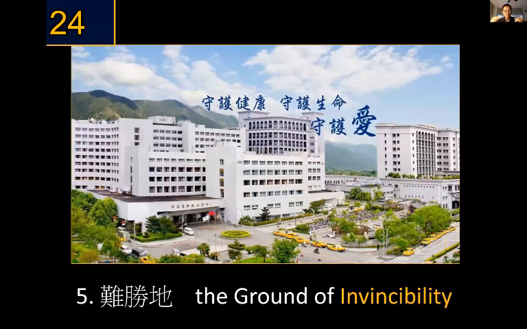And so when we can continue to do the right thing, even in difficulty, and really overcoming it, that will be the ground of invincibility. And from there, we also see from our Tzu Chi history that once we had a hospital, that was in 1987, right?